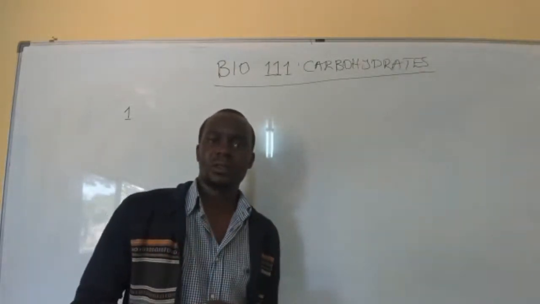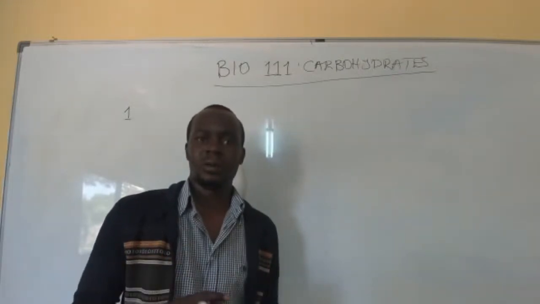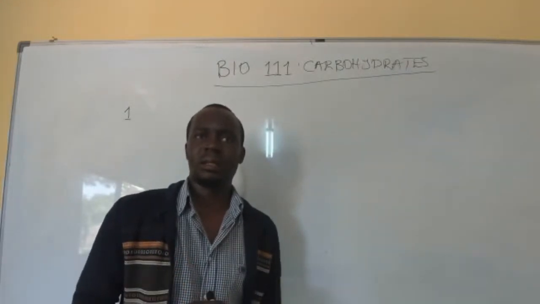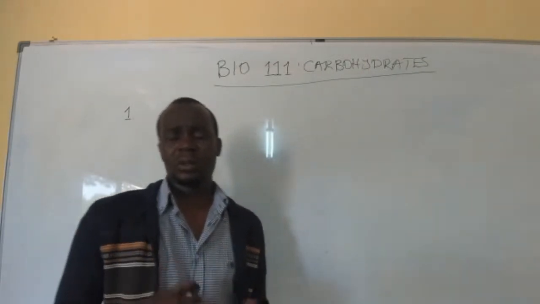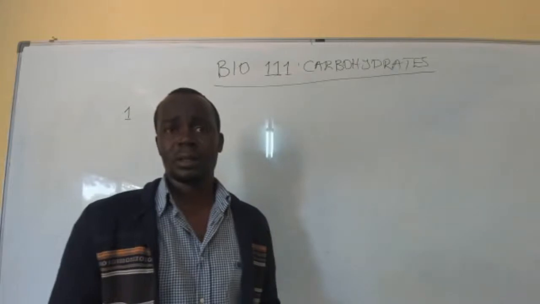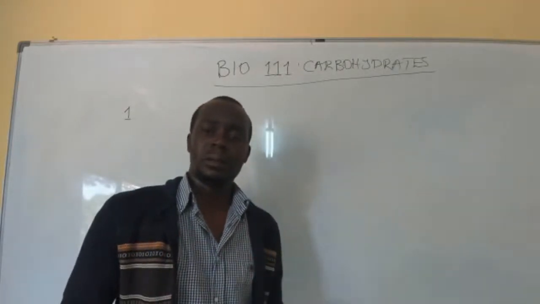Now, I'll take you back to what you did in your grade 12 so that you can really understand what isomerism is. We are going to cover it under carbohydrates as well as under proteins.